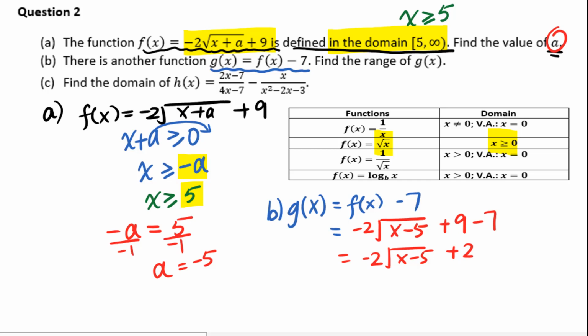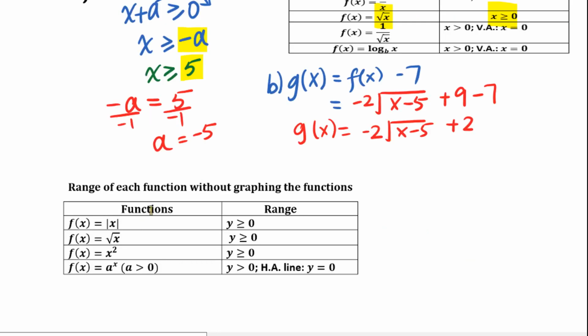How to figure out the range for this g of x? Here is some restricted range. For square root of x, the range is greater than or equal to 0. So we can get square root x minus 5 greater than or equal to 0. Then we multiply by negative 2, because here is a negative 2. We multiply by negative 2 on both sides.